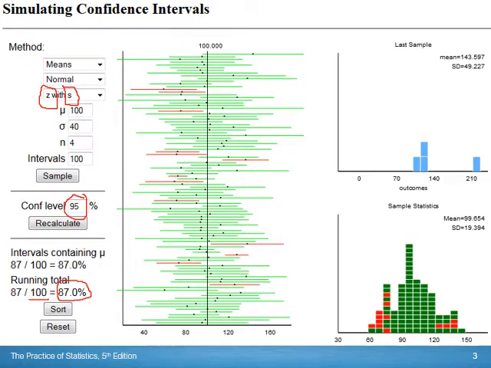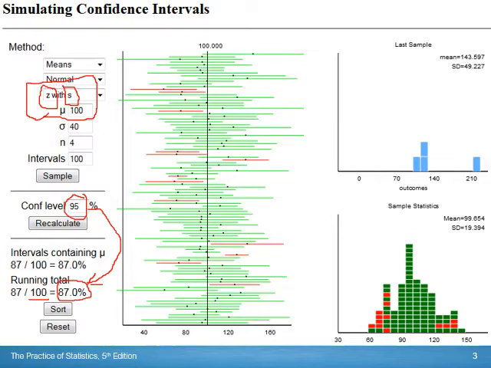So something's going on, and the issue is that when we standardize using a z, we assume it's a normal distribution, but when we use S in our calculation, the calculation is off. That's why, even though we're using a 95% confidence level, we're only getting an 87% capture rate. So something's going on, and we have to figure this out.